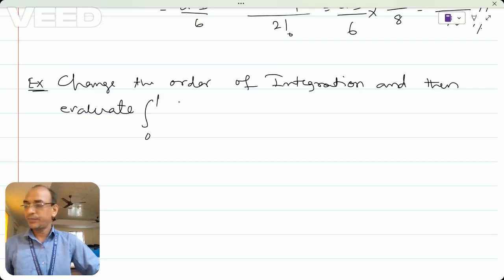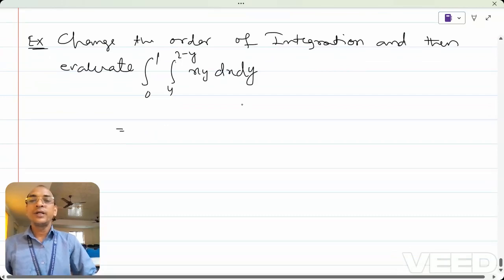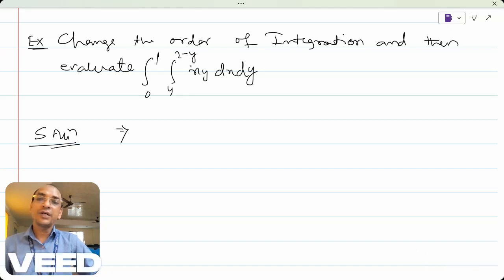So what is the given integration? 0 to 1, integration y to 2 minus y, xy dx dy. Now you can easily tell me, in the original question, what is the inner integral and what is the outer integral. Here we can see that the inner integral has a limit as a function of y.